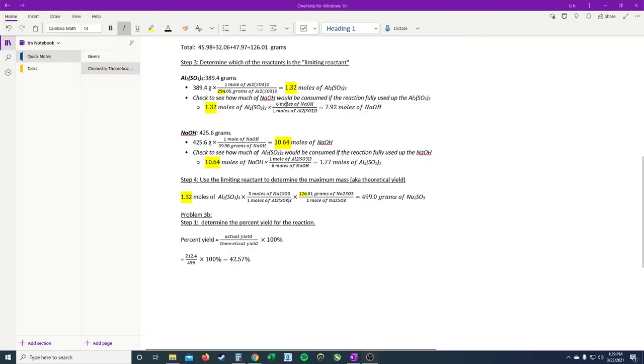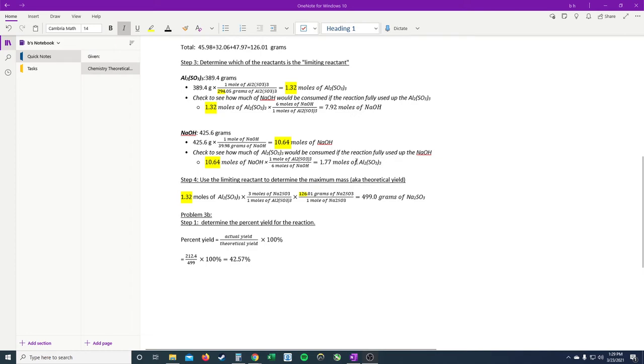Above we have 6 moles over 1 mole, and for this part it is 1 mole per 6 moles. So just make sure you have that correct. So 10.64 moles of sodium hydroxide would require 1.77 moles of aluminum sulfite if it's fully consumed.